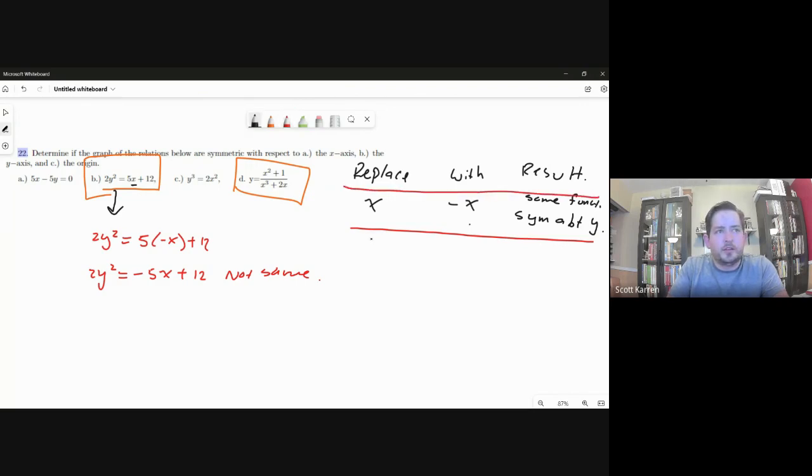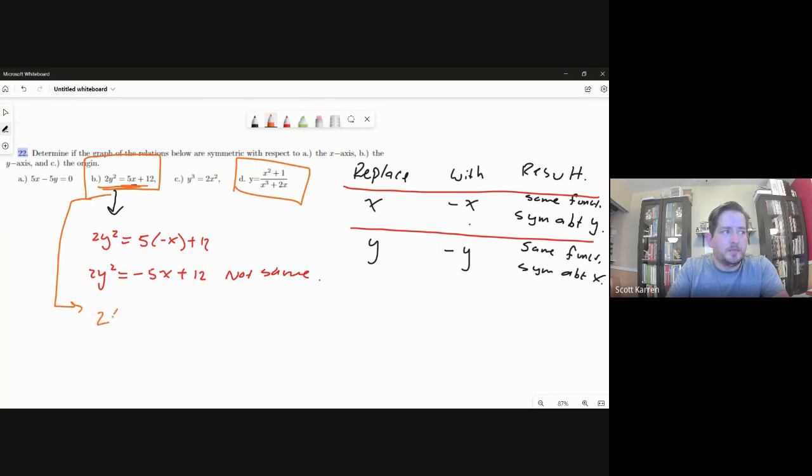But I'm going to then go back and try y, and I'm going to replace that with negative y. And if I get the same function back, then this thing is symmetric about the x-axis. So I'll try that, starting at the original function. Replace y with negative y.